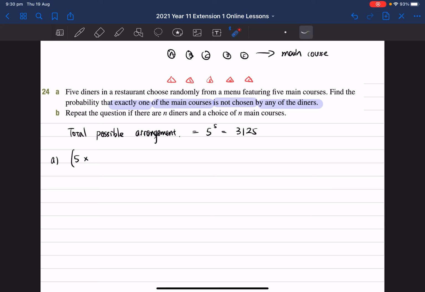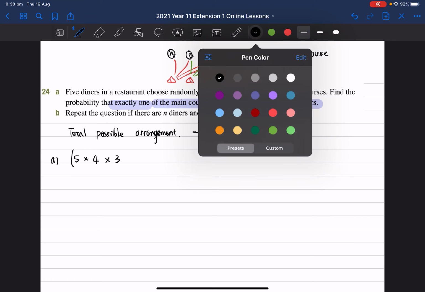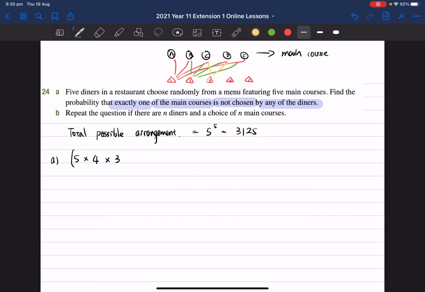So each of them needs to choose a different one until the last person. We'll talk about this a bit later. So for the first person, 5 choices. Now for the second person, 4 choices, 1, 2, 3, 4. For the next one, 3 choices. Hopefully that makes sense to everyone. So that's 1, 2, and 3.